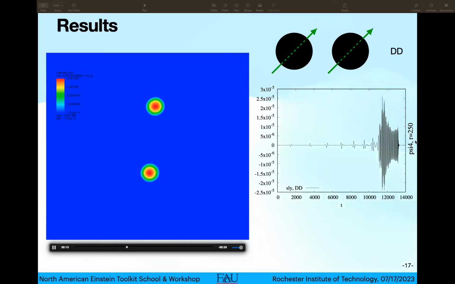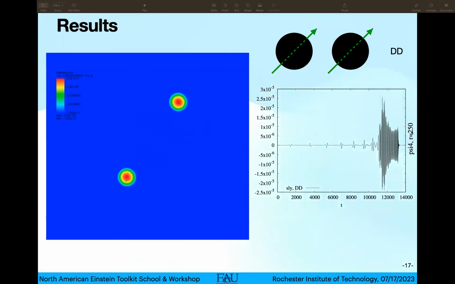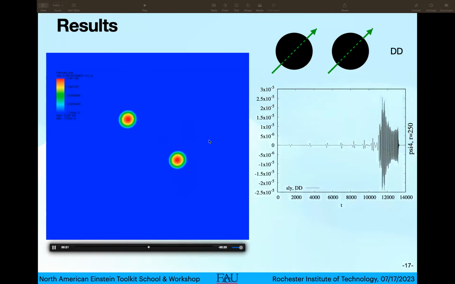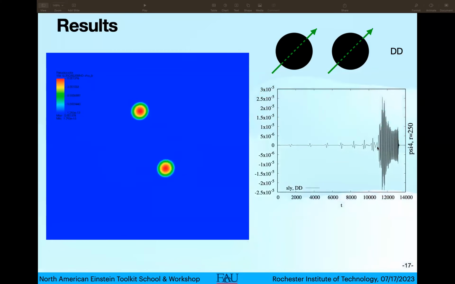This is the psi4 extracted at r equal to 250. After a few more binary revolutions, we expect the merger, and after this merger, we will be able to see a single object for a while, and finally, it's going to collapse into the black hole.